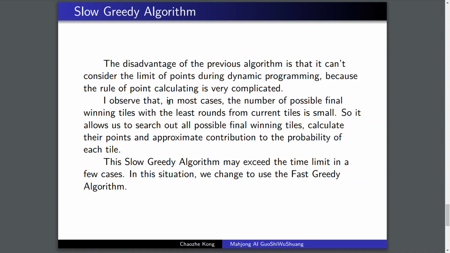I observed that in most cases the number of possible final winning tiles with the least rounds for current tiles is small, so it allows us to search out all possible final winning tiles, calculate their points, and approximate the contribution to the probability of each tile. This algorithm may exceed the time limit in a few cases. In this situation, we change to use the previous algorithm.